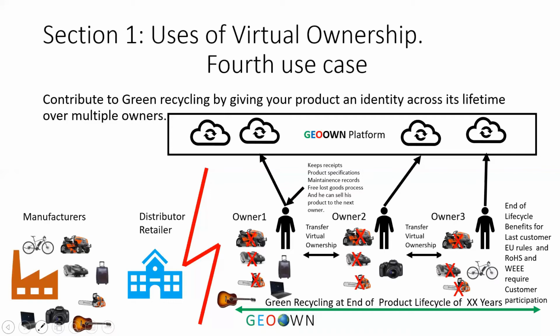And the issue today is that the manufacturer has no idea where his products end up. But by giving residual value to recycling, we enable a customer's interest in recycling the goods he owns. The second and third user get the same benefits as the first user with virtual ownership, including free global goods return process, specifications, etc.